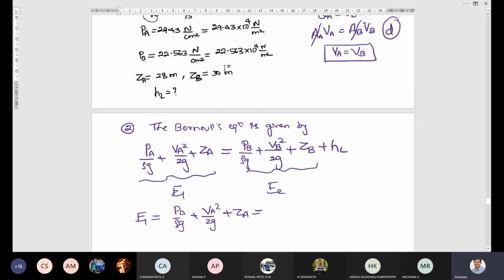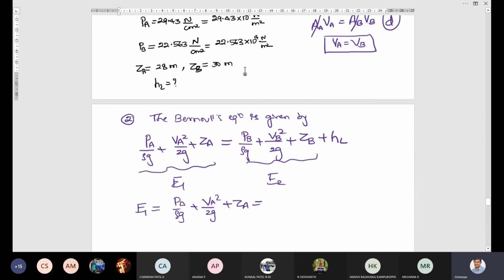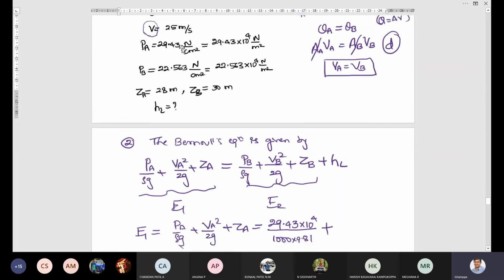The PA value is 29.43 into 10 to the power of 4, divided by rho value 1000, g value 9.81, plus the velocity, which I think is 25.